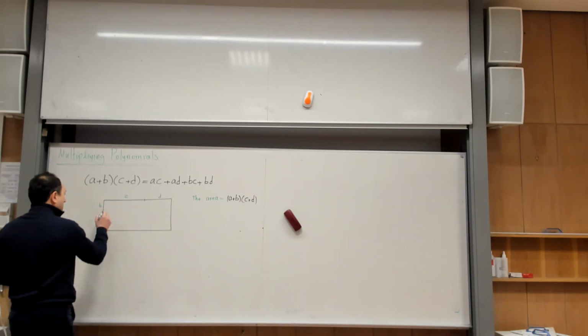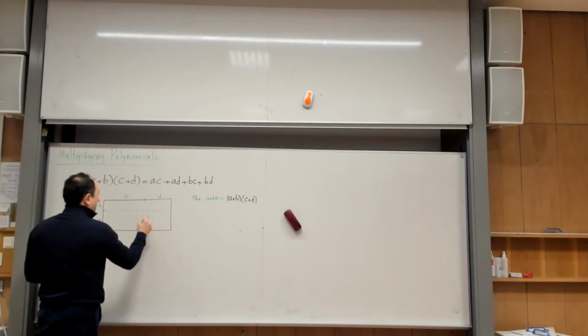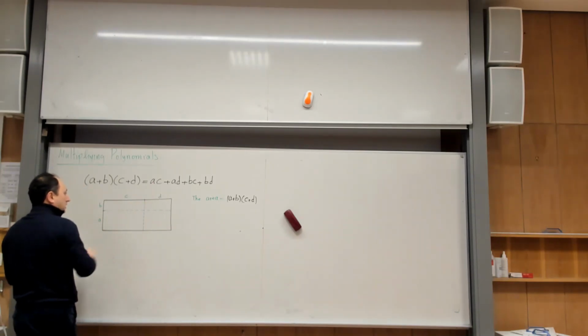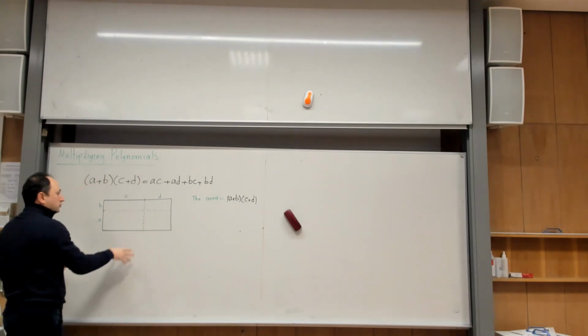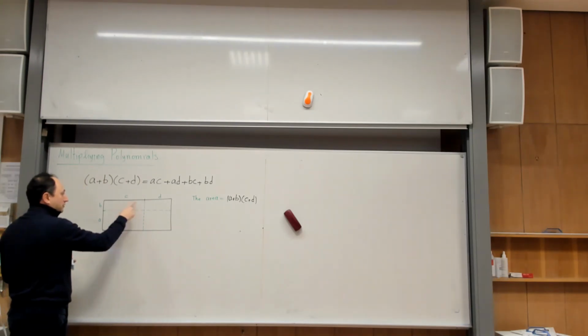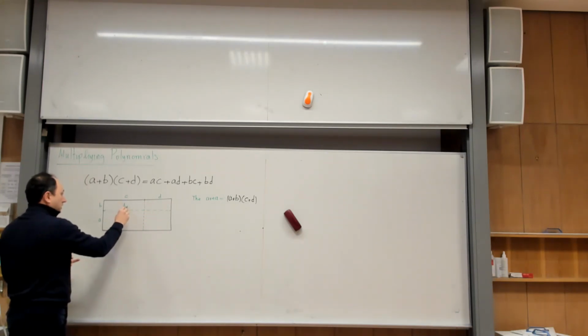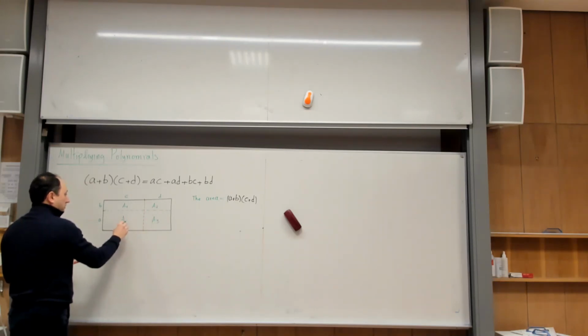So what does it mean? It means that I draw a horizontal line here, and I draw a vertical line from this point. Then you see that I have now 4 rectangles that do not overlap. So let me call them area 1, area 2, area 3, and area 4.